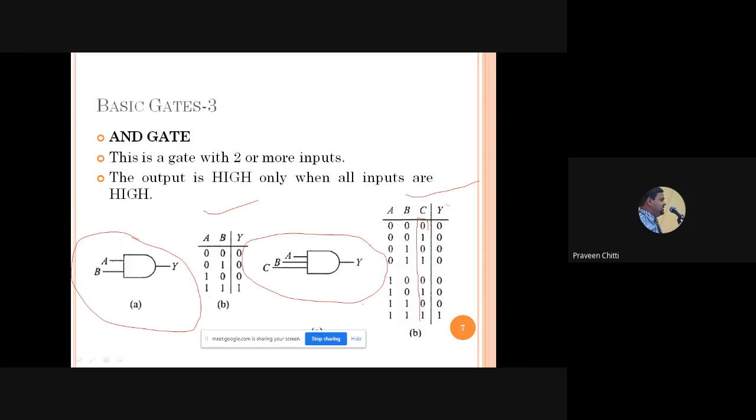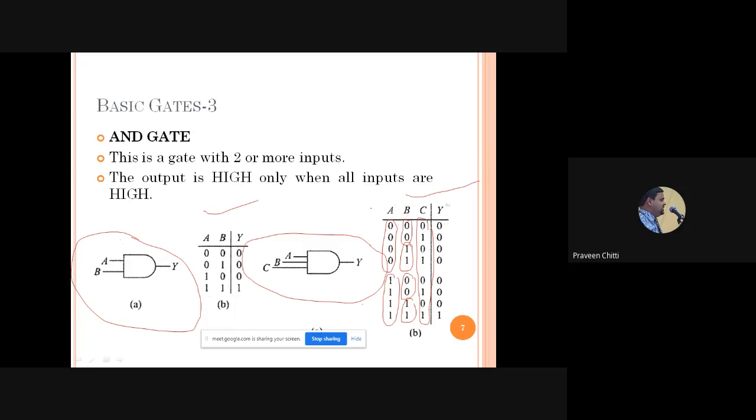The second bit B changes as 2 zeros, then 2 ones, again 2 zeros, and 2 ones. And the third bit has 4 zeros and 4 ones. Like this, if you write, you will cover all the 8 input combinations.